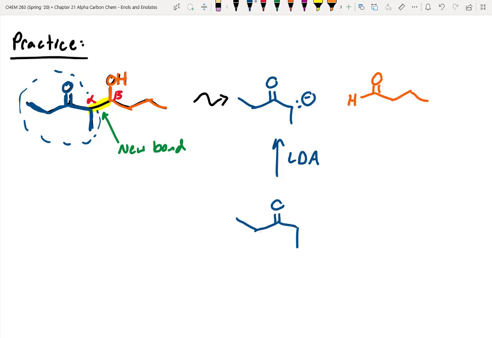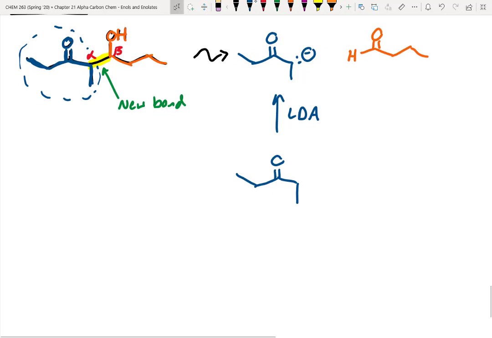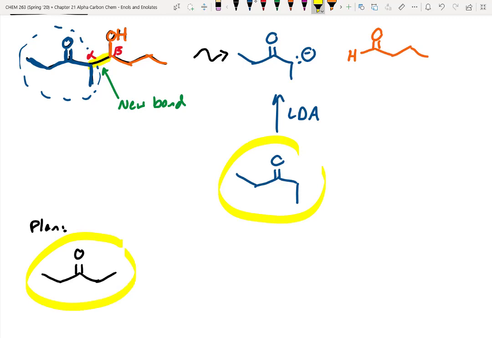All right, so let's do the full plan here. We're going to start out with our original ketone. And like I said, this is actually the same as that. I just have one of the legs flipped up.